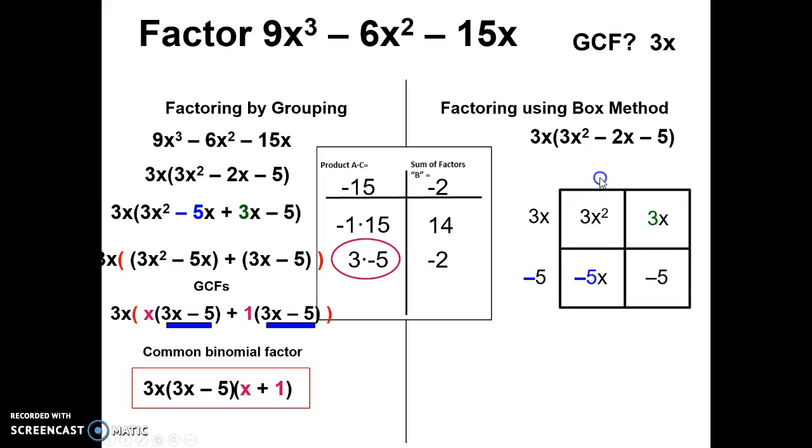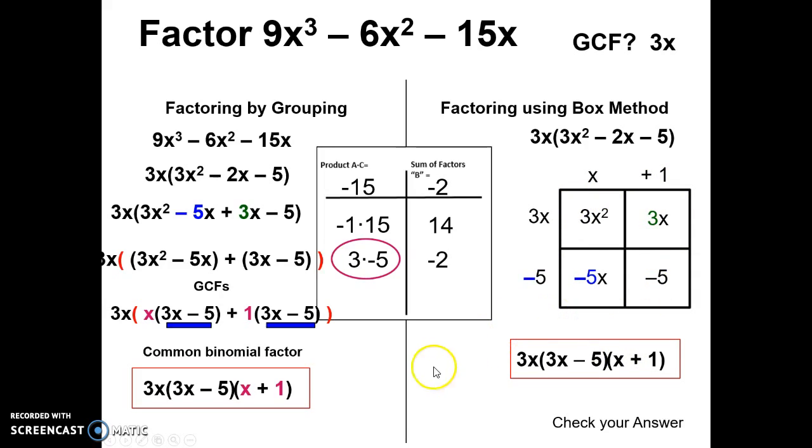GCF in this column is x. GCF in this row, it's just 1. And since the adjacent box is positive, this is going to be a positive 1. Don't forget your original GCF, the 3x times the x minus 5 times the x plus 1. All right?